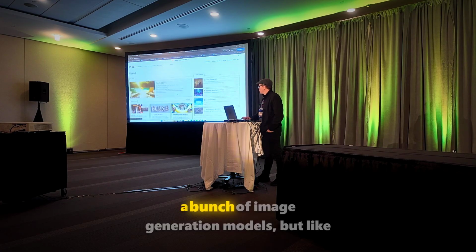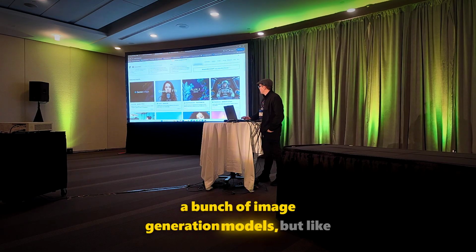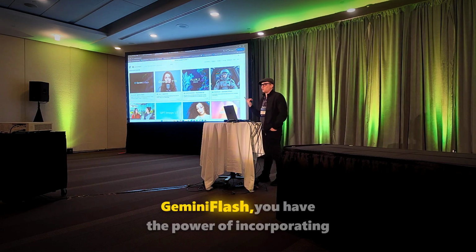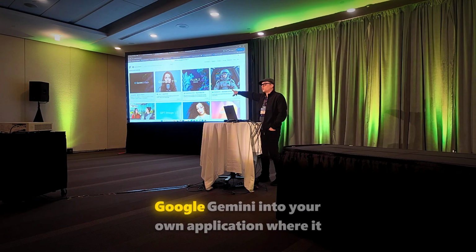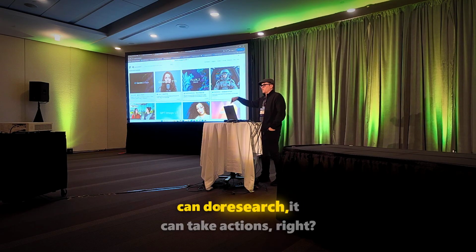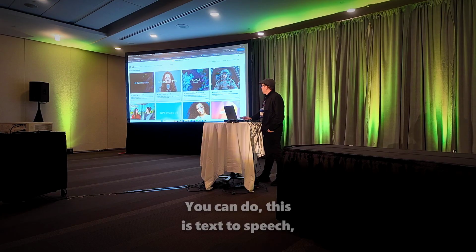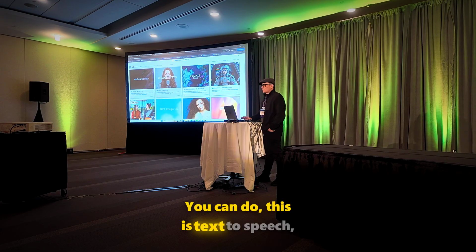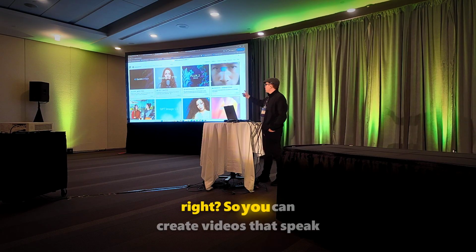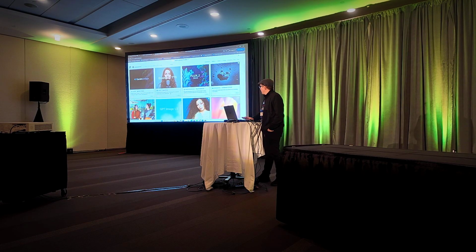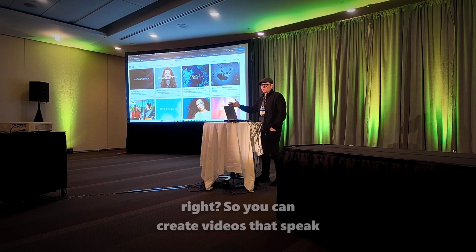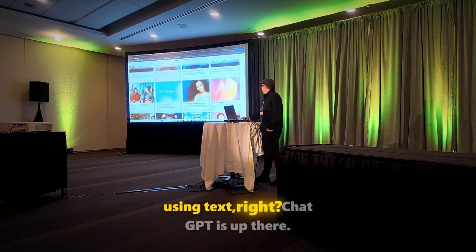So there's obviously a bunch of image generation models, but like Gemini Flash, you have the power of incorporating Google Gemini into your own application, where it can do research, it can take actions, right? You can do, this is text to speech, right? So you can create videos that speak using text, right?